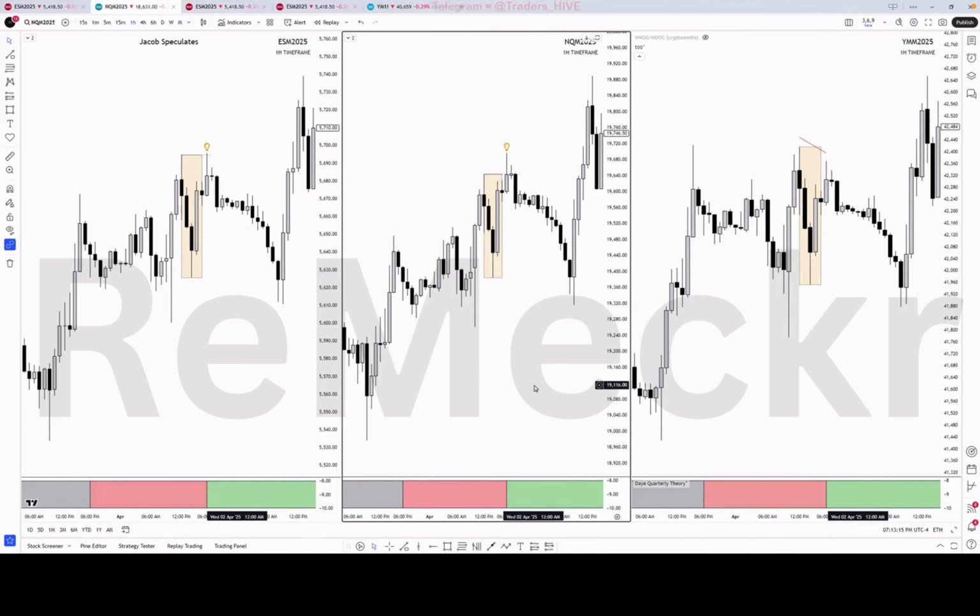Whenever you have TPDs that follow in line with quarters, and it is sequential SMT, it is high probability. But there's a caveat to it.